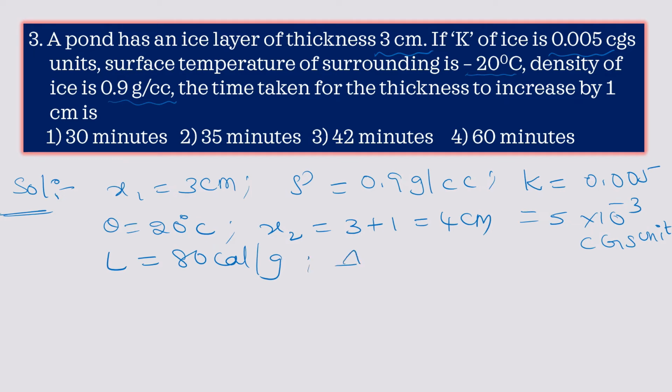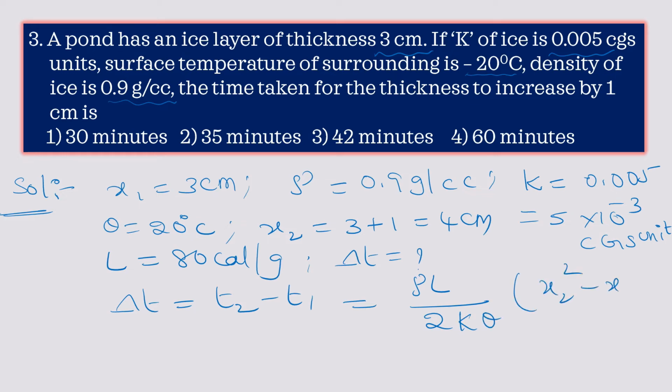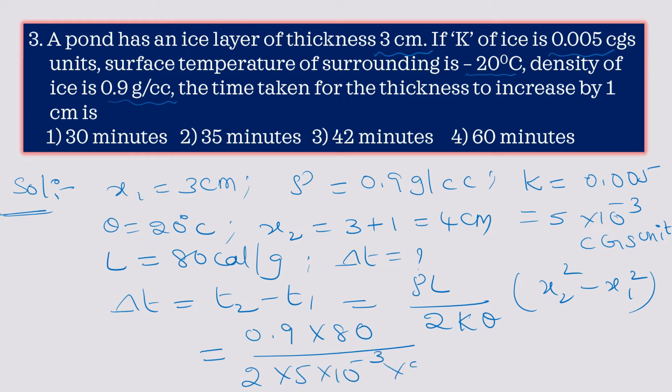Now we have to calculate the required time. So delta t is equal to T2 minus T1, that is equal to rho L by 2k theta of x2 square minus x1 square. Now substituting values, we get rho is 0.9, L is 80 by 2 into 5 into 10 to the power of minus 3 into theta 20 of 4 square minus 3 square.